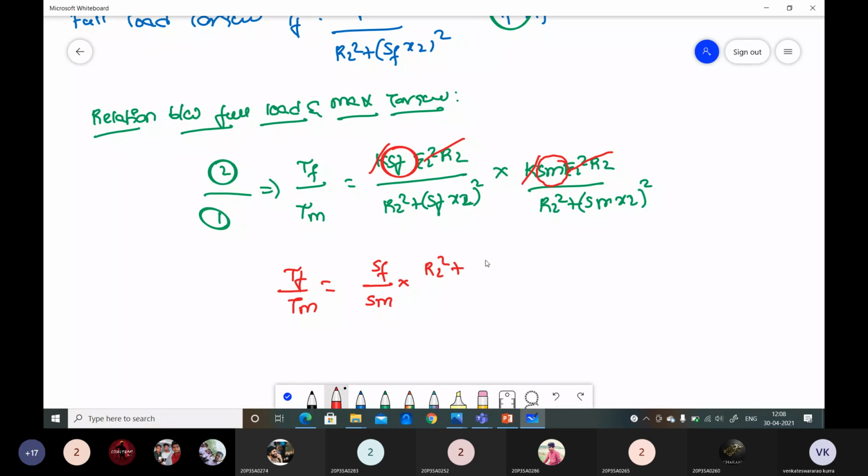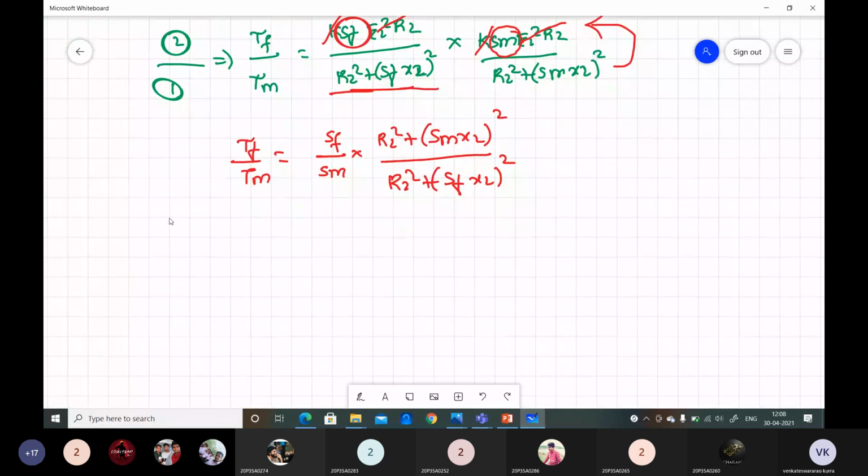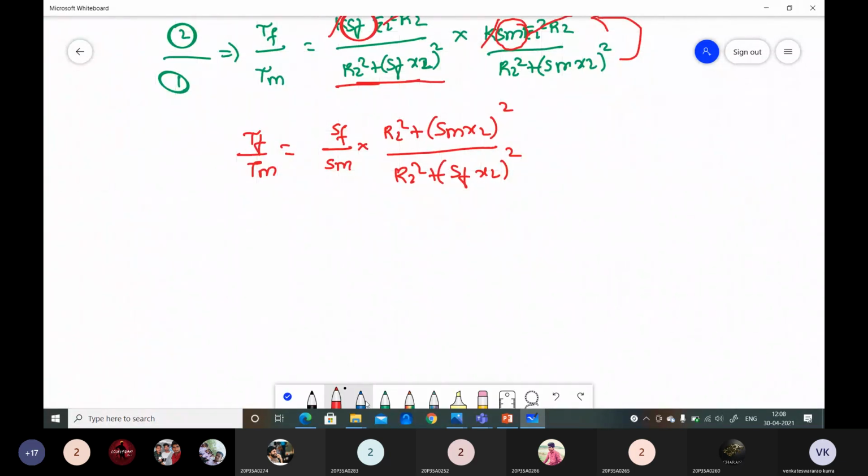So R2 square plus (S_M X2) whole square, and in the denominator we have R2 square plus (S_F X2) whole square. Now divide numerator and denominator by X2 square.